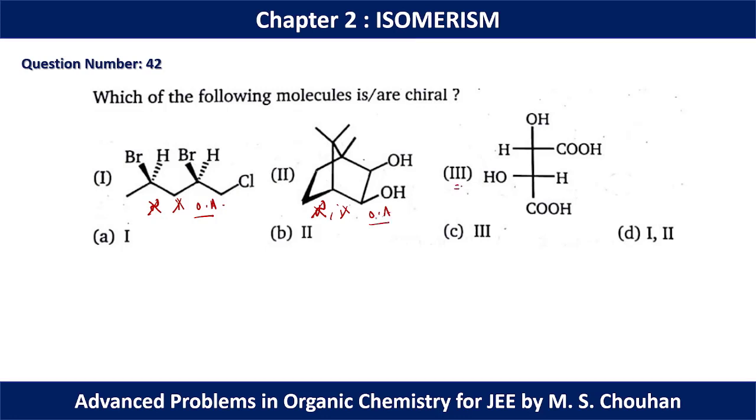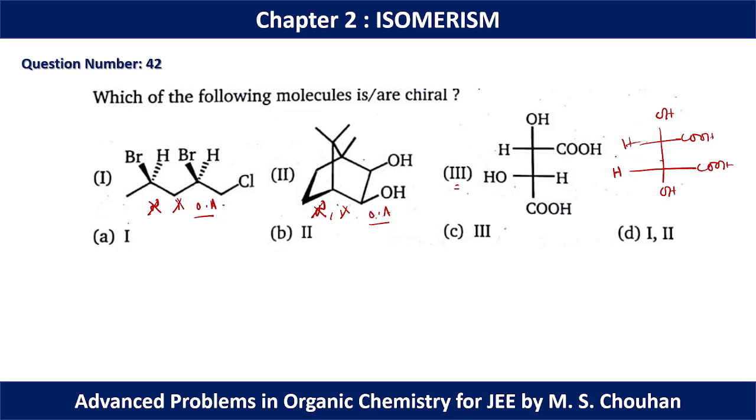In the third molecule we have a Fischer projection. As we know, in a Fischer projection we can do this operation. There is no harm in doing this kind of exchange because it remains the same R/S configuration, so there is no change in optical activity.